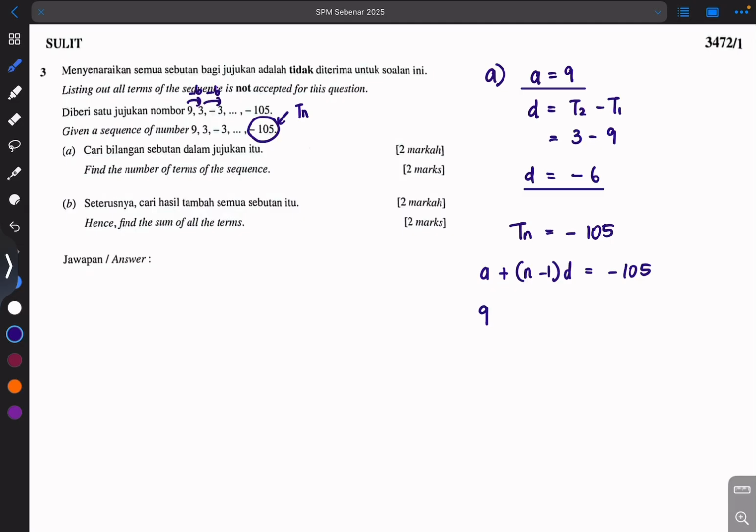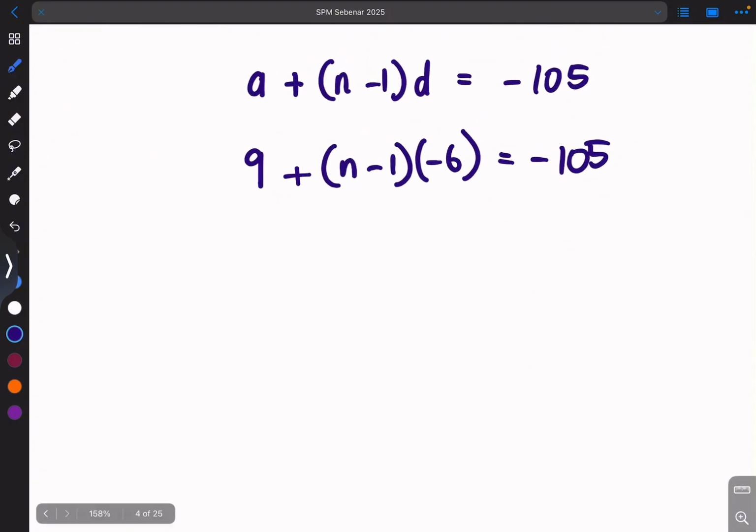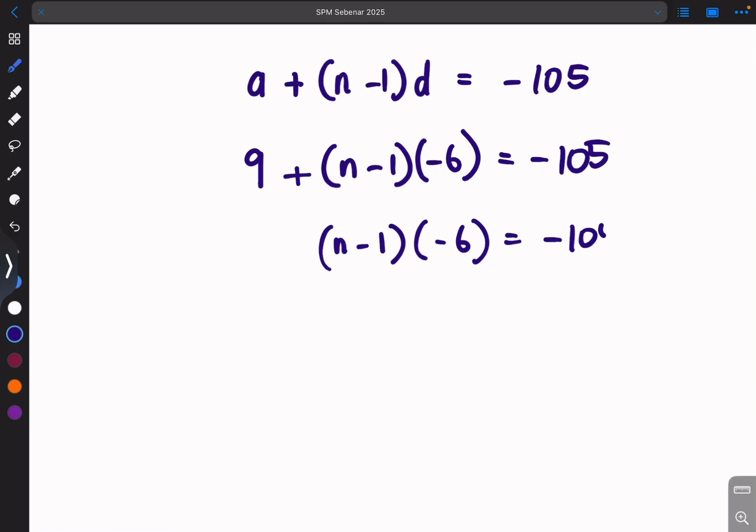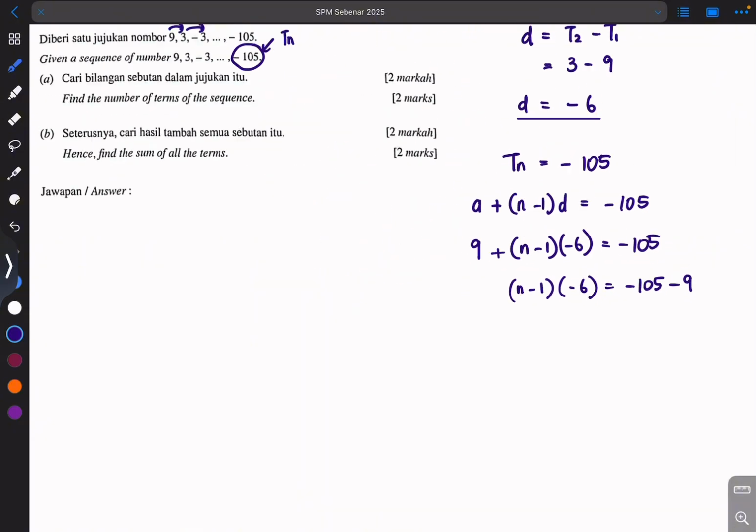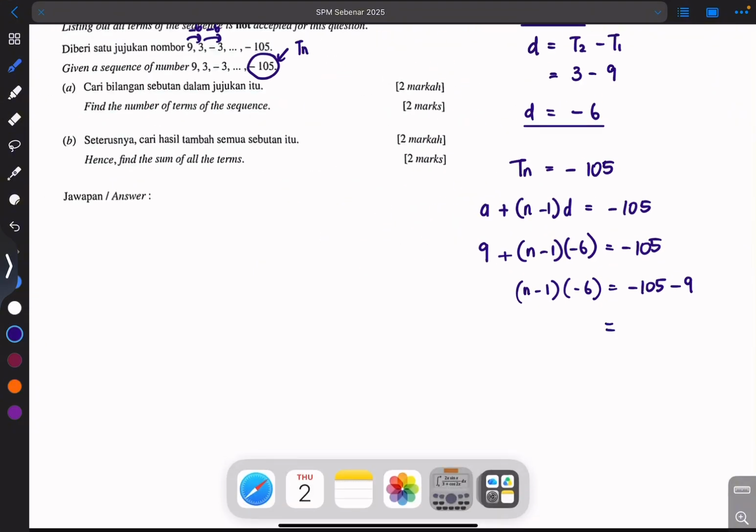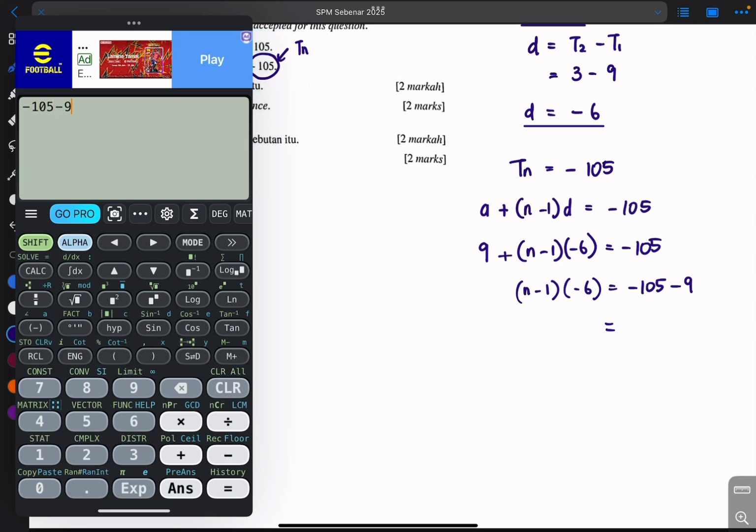So a is 9, n minus 1, d is negative 6. From here, we bring the 9 over that side: (n minus 1) times negative 6 equals negative 105 minus 9. We get negative 114. So n minus 1 will be negative 114 divided by negative 6.